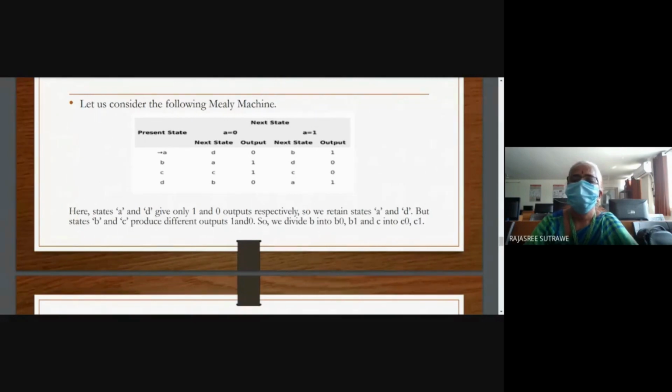So for A, next state is D. For this next state is A. See, here we have output 1, because they are different. Here we are writing it as C1. Next state, and B output here 0. So we are writing here the next state as B0.